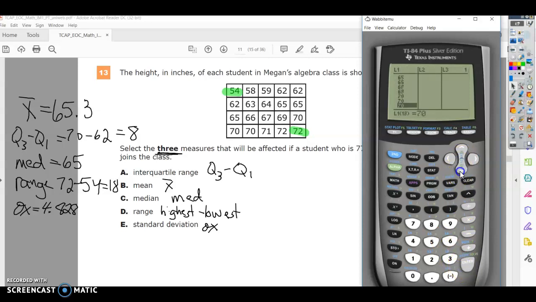I know there's 20 numbers in the table, so I'm going to go to space 21 where there's nothing, and put in 77 and hit enter. Now we can go back to stat and calculate 1 var stat, hit enter, and it's going to give us our new numbers.